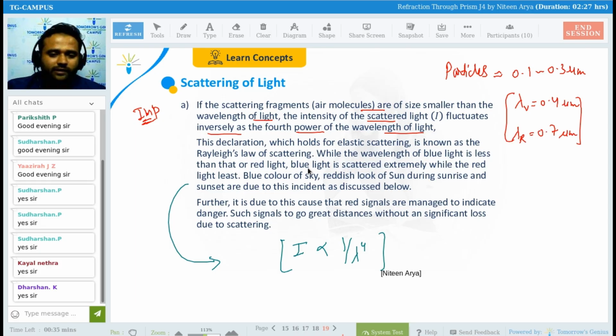Clear? So that is your Rayleigh scattering formula. This relation, which holds for elastic scattering, is known as the Rayleigh law of scattering.